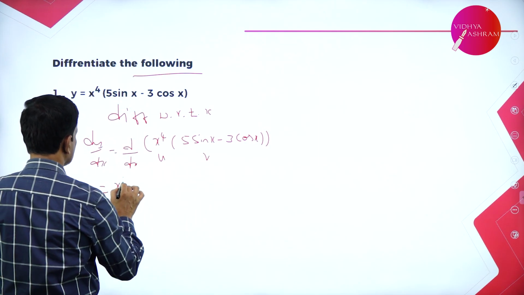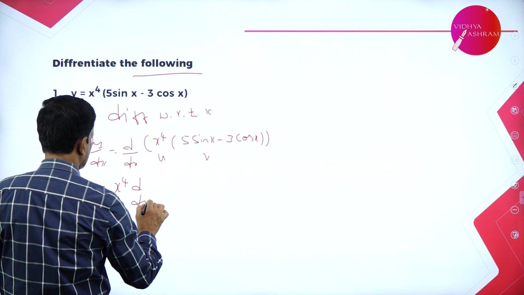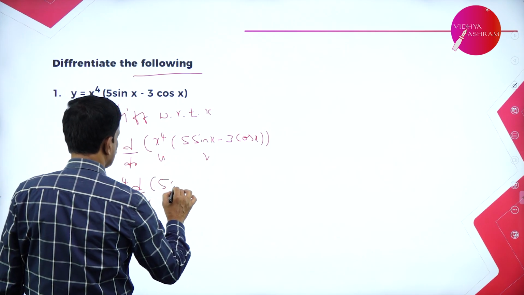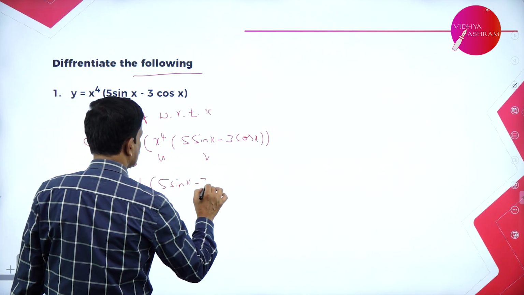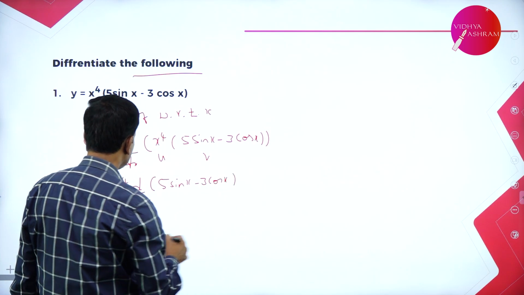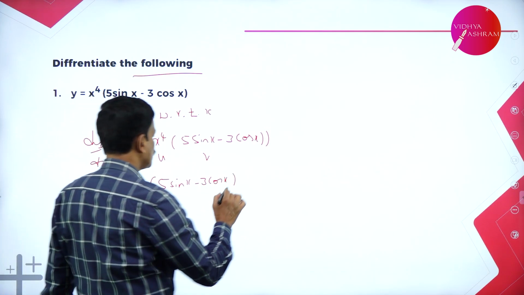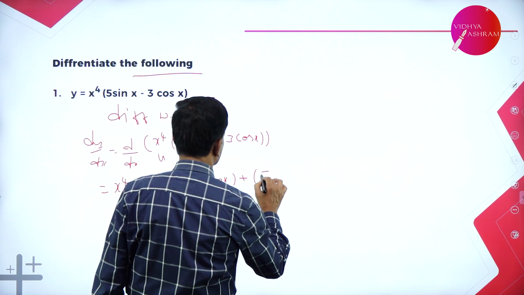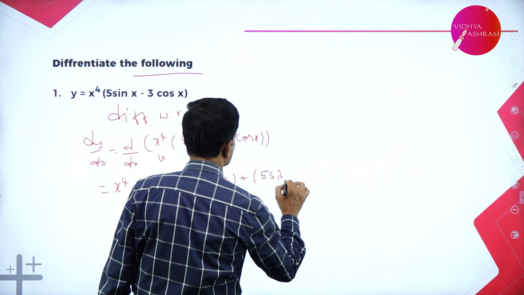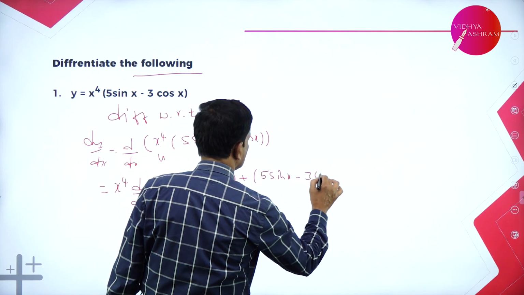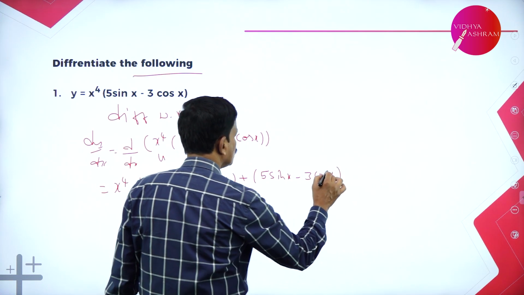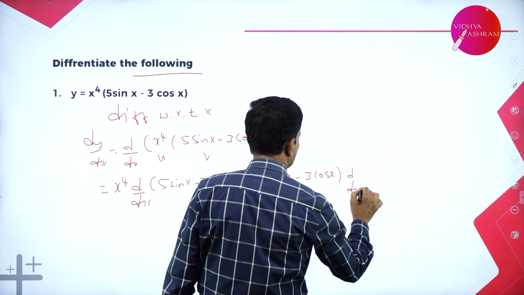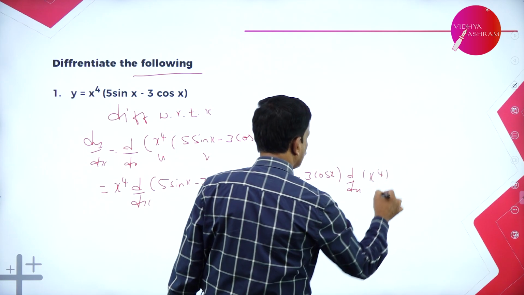Keeping x to the power of 4 constant, d by dx of 5 sin x minus 3 cos x. First function into derivative of second function plus second function, keeping 5 sin x minus 3 cos x constant, into d by dx of first function, that is x to the power of 4.